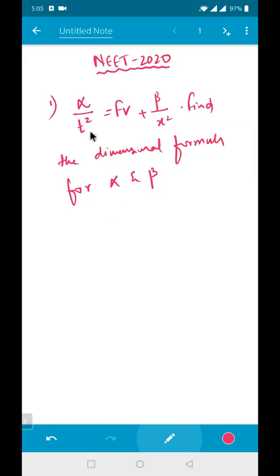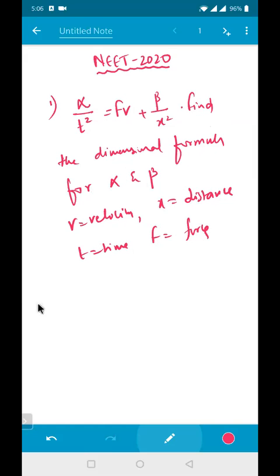Here t is time, v is velocity, x is distance, and F is the force. Come on, make it fast.